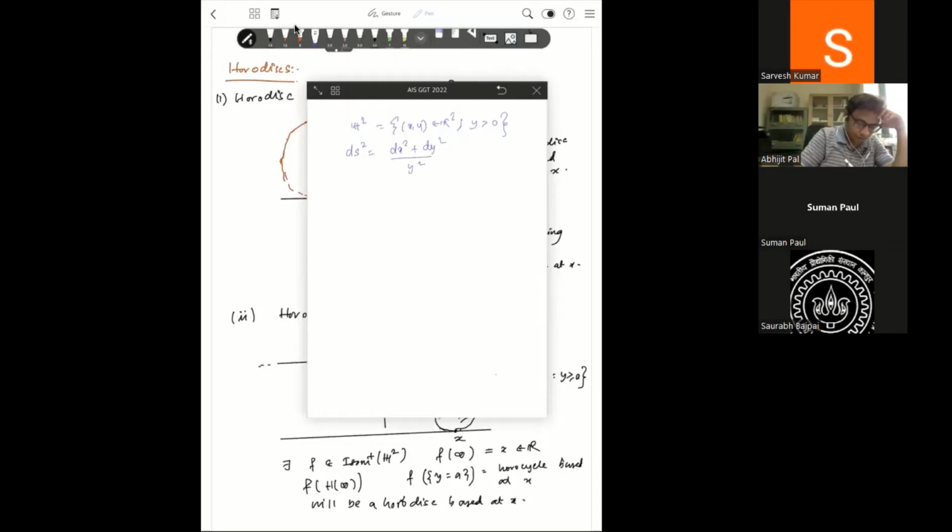Now if I fix a point, let us call it P, and this is my R. What will be the distance from P to R in this hyperbolic metric?